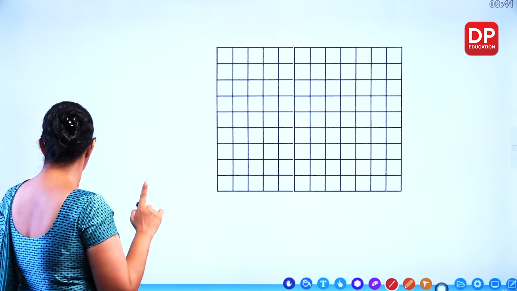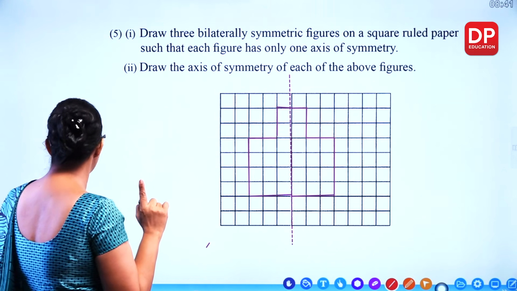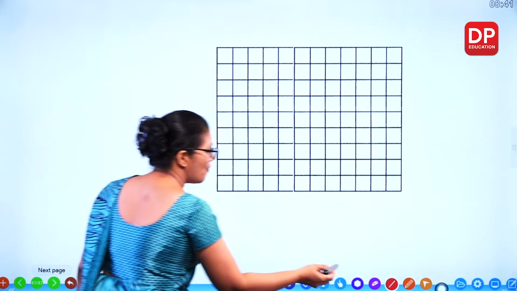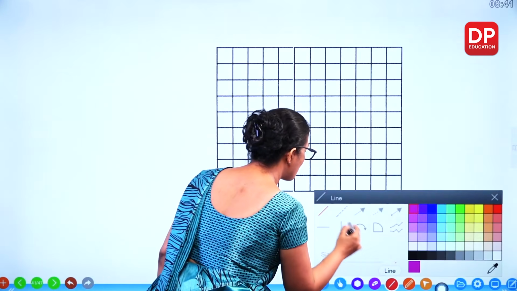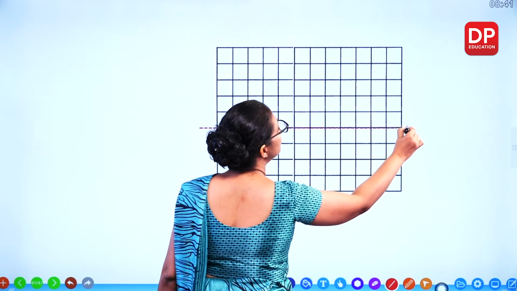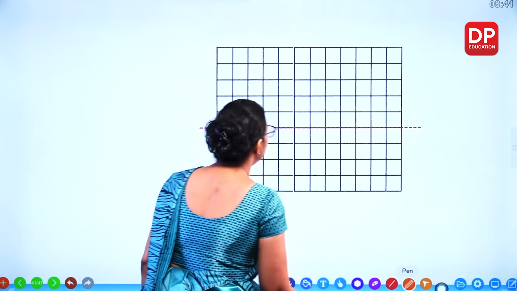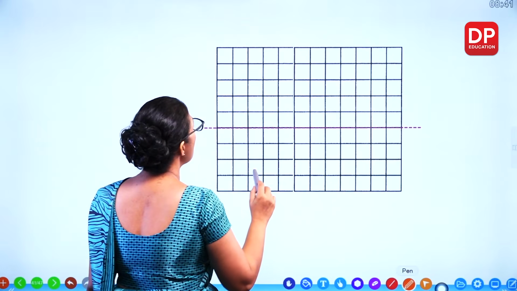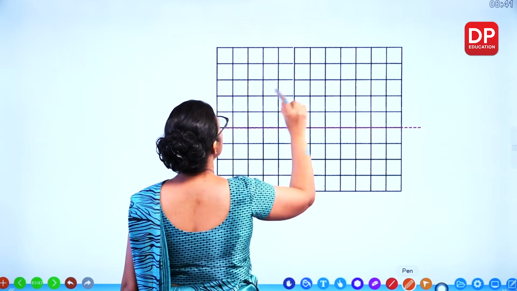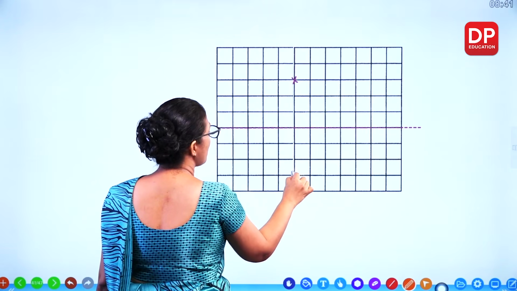Another one, you need one axis of symmetry. So first draw the axis of symmetry. I'll draw it here and then continue. This time I'll draw something like this. So here 3 squares here, 3 squares there.